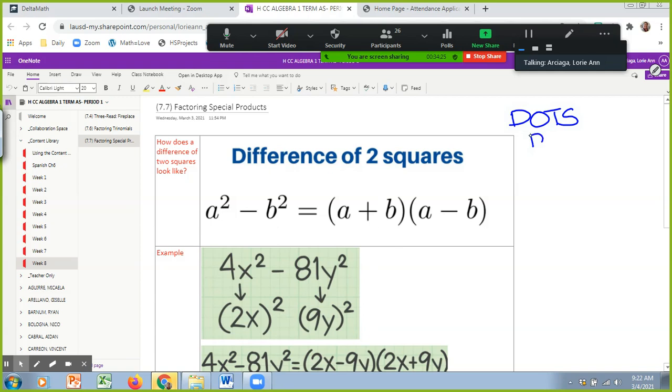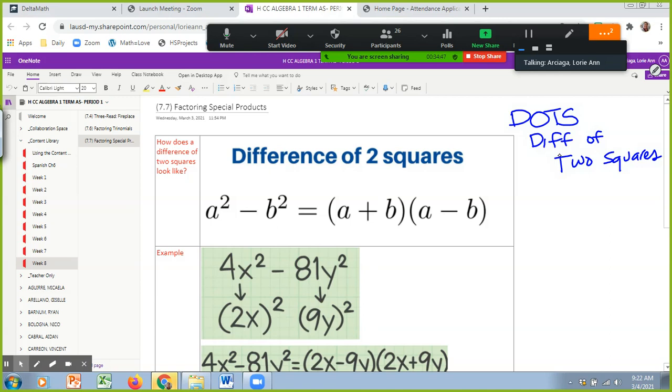Difference of two squares. There you go. Yep, that's my shortcut for that one. Thank you, Alyssa. How about the others? Could you please type in dots if you found this? It's a very short one.